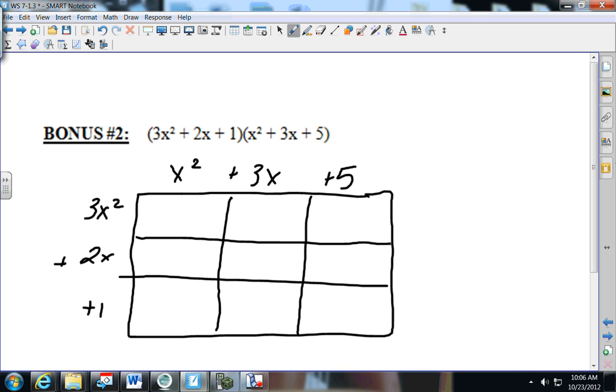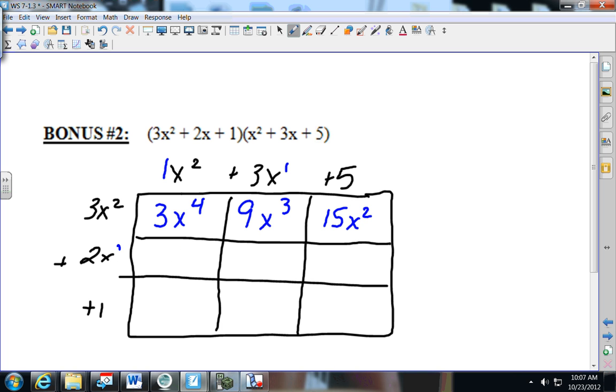All right. So now 3 times the coefficient is 1. 3 times 1 is 3. x squared and x squared, add those together and it's x to the fourth. 3 times 3 is 9. That has a 1 up here. So you add those, and 2 plus 1 is 3. 3x squared times 5, 15x squared. Next one here.